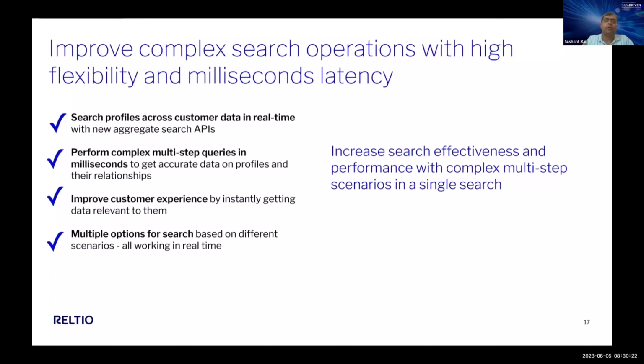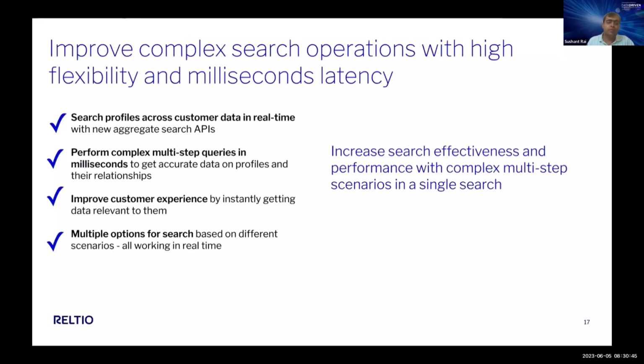You want to find a particular profile, and then all the relationships for that profile and all the policies held by that person, and it needs to be done in near real time, or in real time, actually. In a contact center scenario, with the current set of APIs this is a multi-step complex action, and it needs to be delivered in real time for our customers.